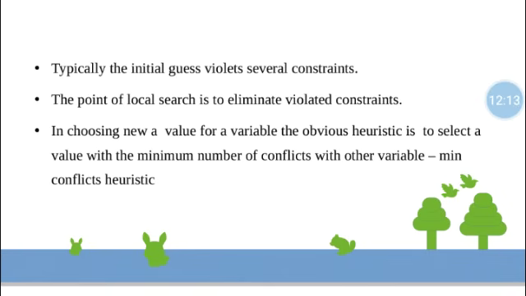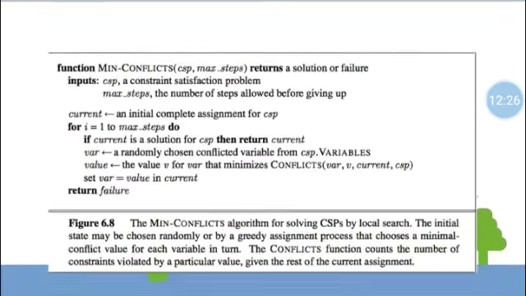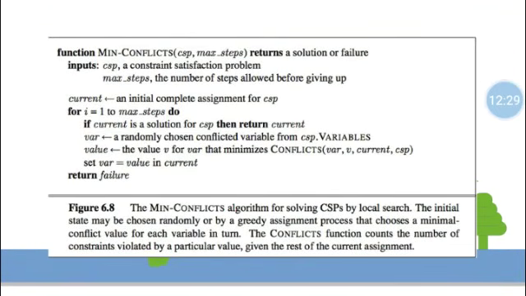In choosing a new value for a variable, the obvious heuristic is to select a value with the minimum number of conflicts with other variables. That is known as the min-conflicts heuristic. So that is the min-conflicts heuristic algorithm in which we are going to randomly choose a conflicted variable from the constraint satisfaction problem, and we are going to assign a value to it.